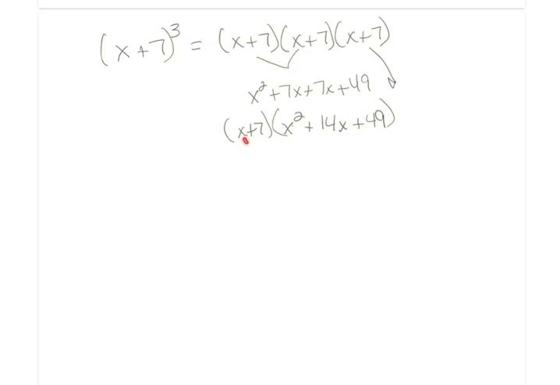So I'm going to start by sharing my x with all three of these guys, right? So x times x squared is going to give me x to the third. X times 14x is going to give me a positive 14x squared. And then x times 49 is going to give me a positive 49x.